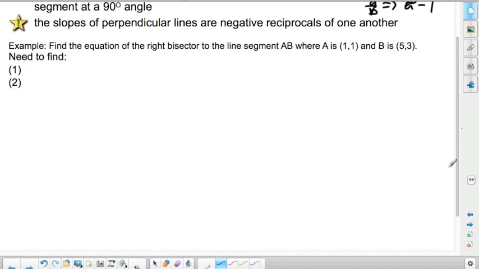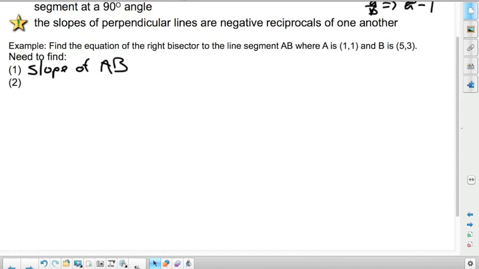How does that help us? Then we can find the negative reciprocal of that slope. If we find the slope of AB, then we know the slope of a line perpendicular to it, which is what we're looking for.